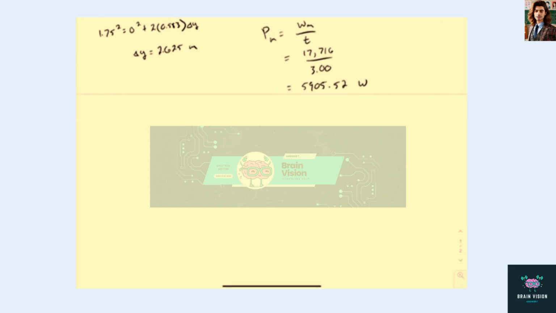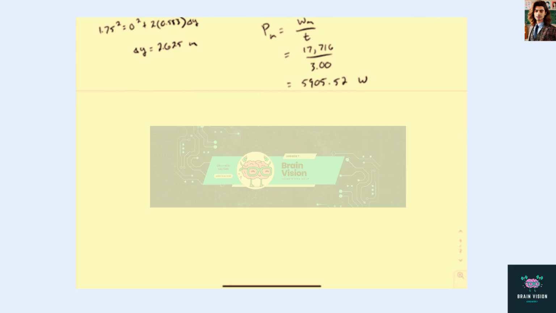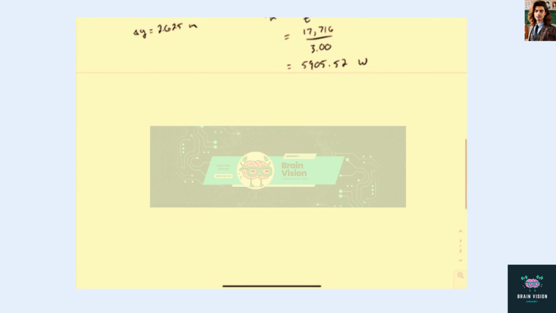Now, if we want to find the power when the elevator is at cruising speed, I think the easiest way to do this, I'm going to do a little differently, is using the force from the motor. And the force from the motor is just going to be, well, it has to balance out exactly with the weight, or the gravitational force. So it's just going to be mg, which is 650 times 9.8, which equals 6,370 newtons.